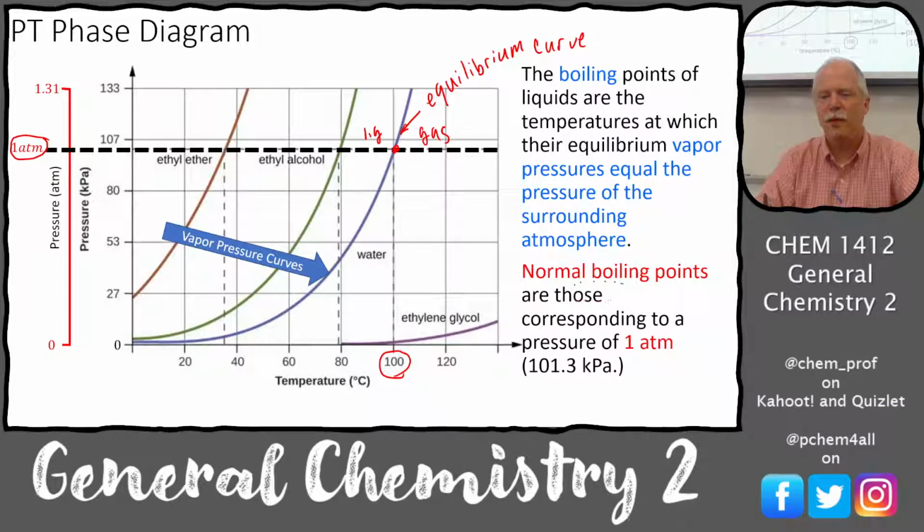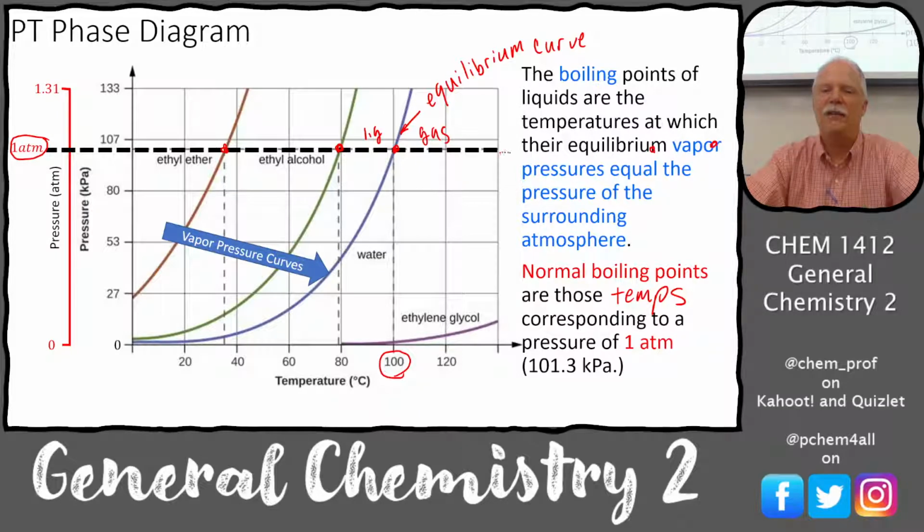So these normal boiling points are those temperatures that correspond to a pressure of 1 atmosphere. So this is the boiling point of ethanol, 79 C. This is the boiling point of ethyl ether, it looks like 35. And ethylene glycol boils way up here somewhere, probably over 200 C, or maybe about 150.